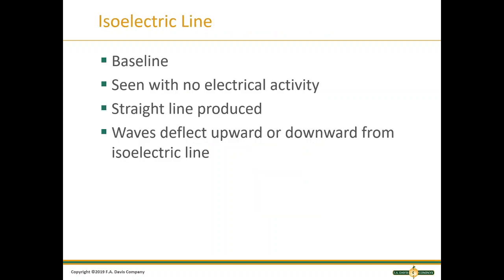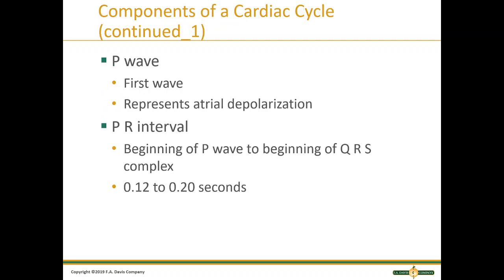Our isoelectric line, or baseline, is seen with no electrical activity, a straight line; waves deflect upward or downward from the isoelectric line. Okay. The P wave is the first wave. This represents atrial depolarization. So the first little wave that you're going to see is called the P wave.